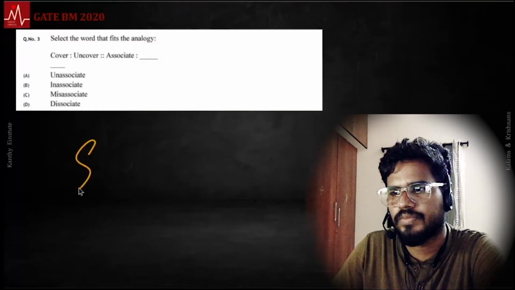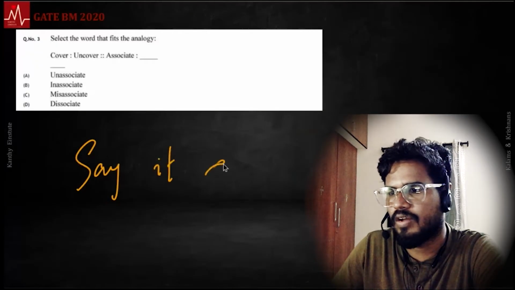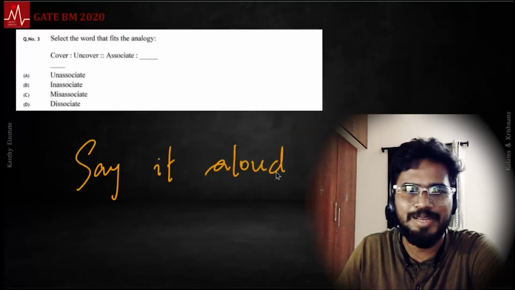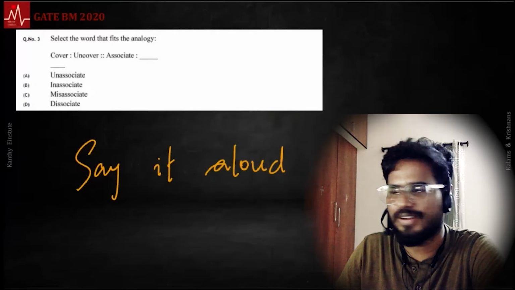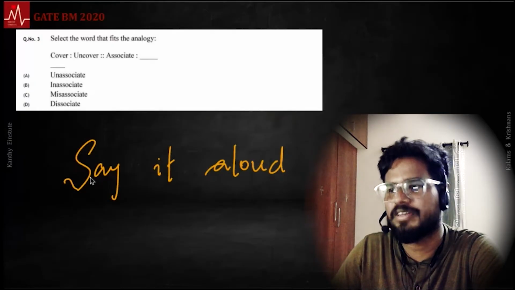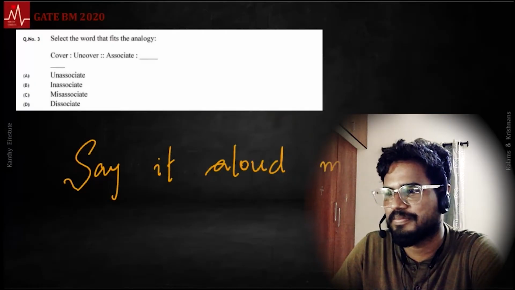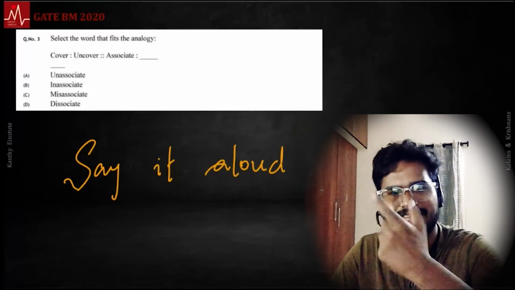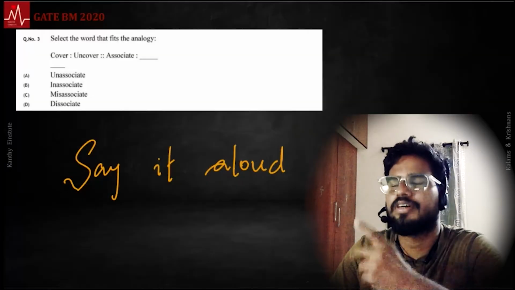say it aloud. Of course, at this stage, the examiner will be like, you'll run into problems with the examiner. So say it aloud mentally. That is, you can close your eyes, you can close your mouth and try to say it.